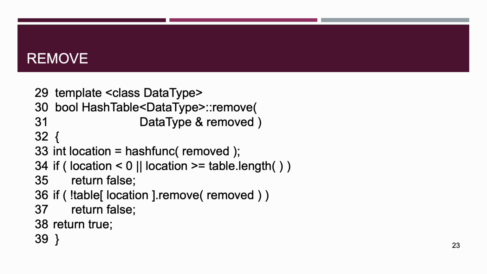Then if the location is valid, we attempt to remove the removed object from the linked list at table location. Here we rely on the remove function in the linked list class. If it fails, we return false. If both the location is valid and the removal is successful, the function returns true, signifying that the object was successfully removed.